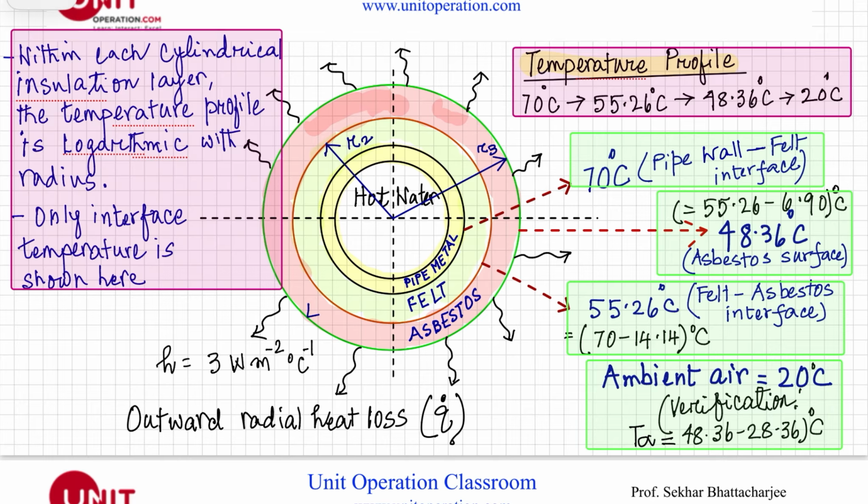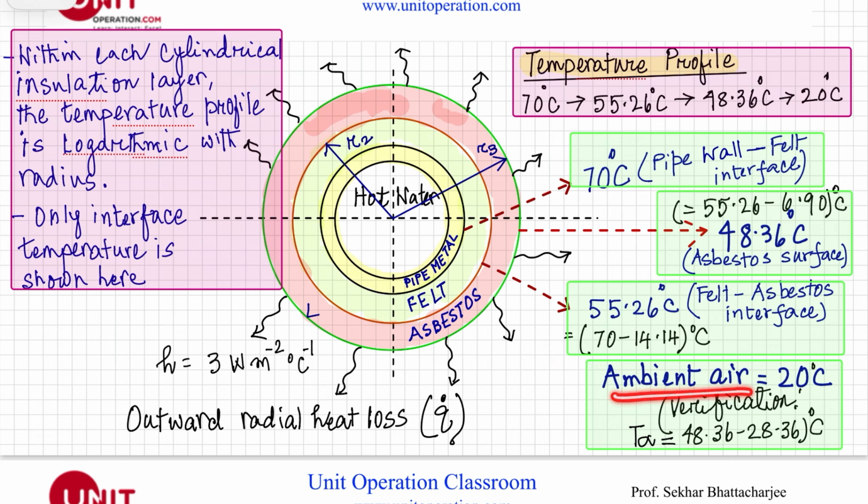The temperature drop would be right here. So it will be 55.26 minus 6.9, that is 48.36. So here it is 48.36 degrees Celsius on the outer surface of the asbestos layer. And of course, 28.36 is the temperature drop from here to here, and that brings it to 20 degrees Celsius.